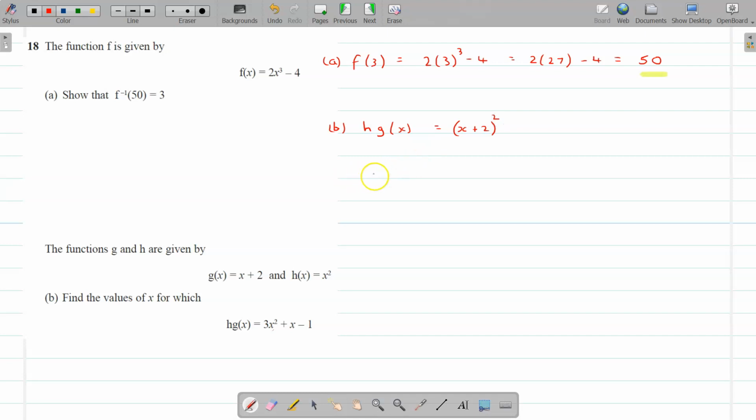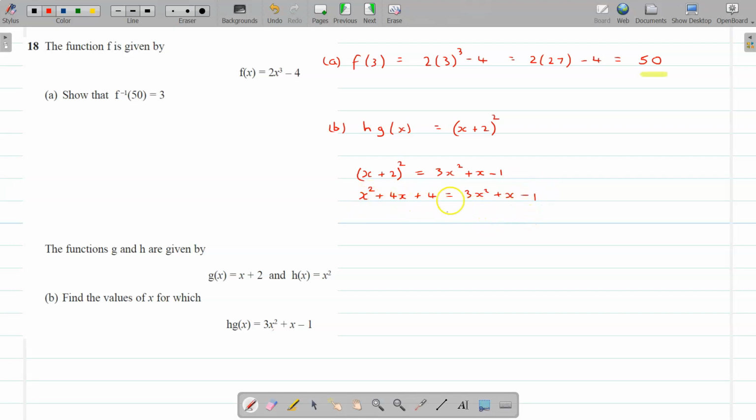Okay, so now I know that (x + 2)² must equal 3x² + x − 1. Well, if I multiply that out, I get x² + 4x + 4 = 3x² + x − 1.